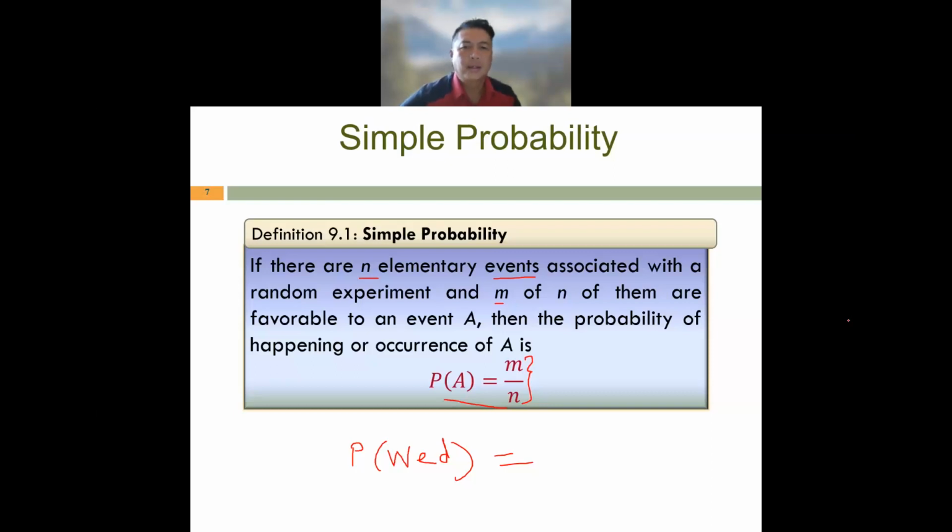How many days do we have in one week? Seven. So the probability of today being Wednesday will be 1/7. What is the probability of tossing a coin and having a head?